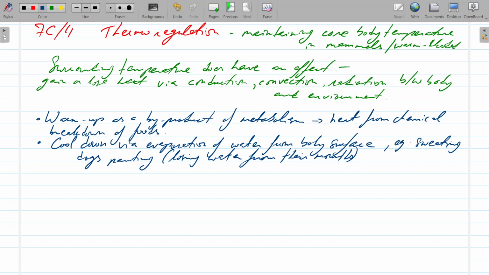Then you may transfer energy between the body and the environment via radiation. Radiation is a transfer of energy in the form of electromagnetic waves.